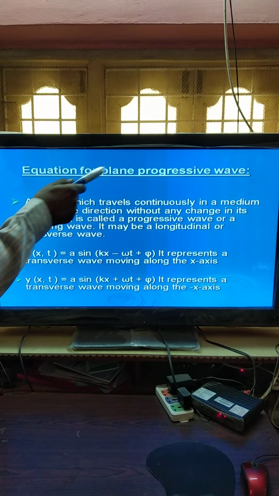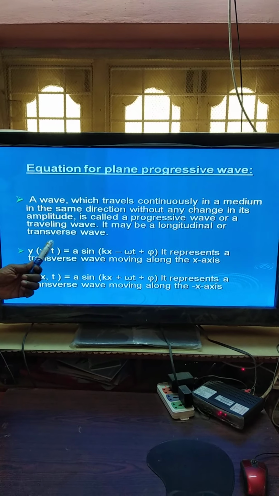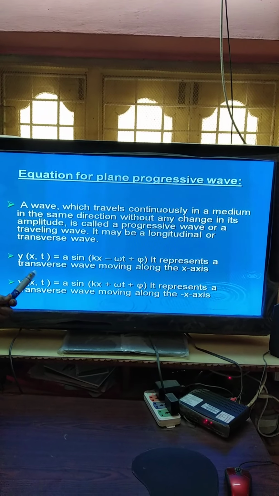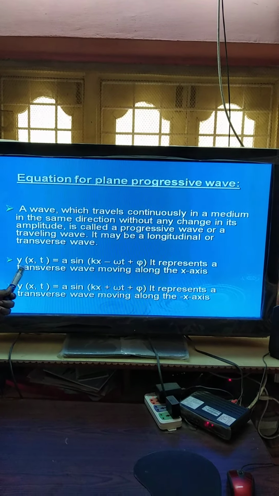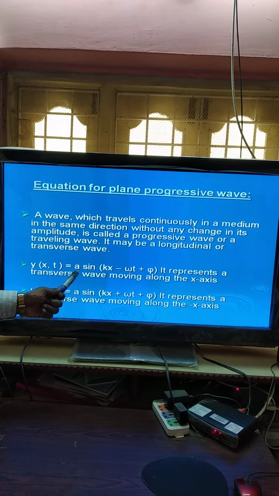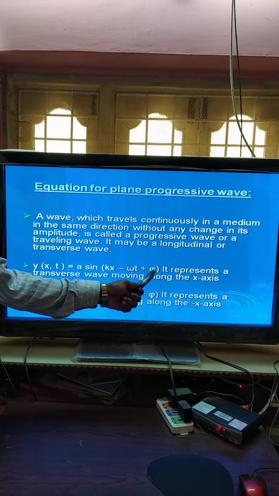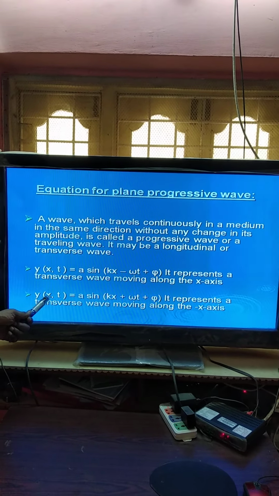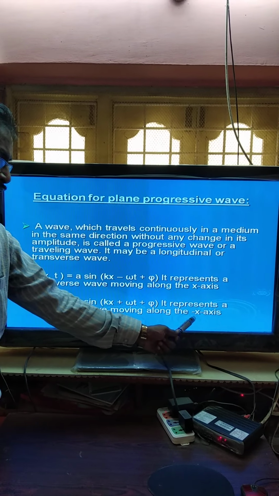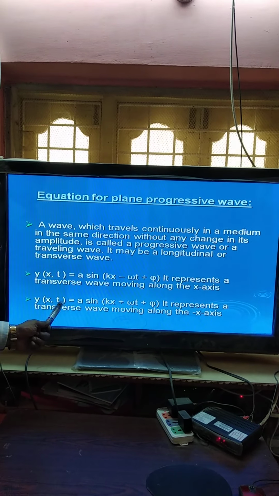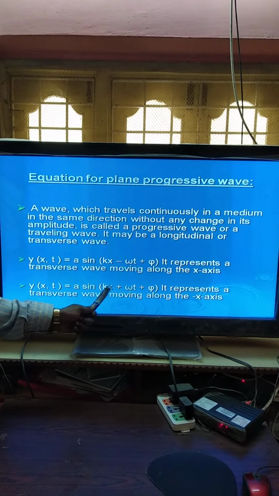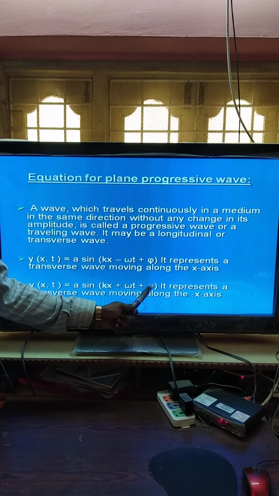So I had already told the equation for a plane progressive wave, that is the wave which is traveling continuously along the positive x direction. We can represent it with y(x, t) equals A sin(kx minus omega t plus phi). And if the wave is propagating along negative x-axis, then it should be represented by y(x, t) equals A sin(kx plus omega t plus phi).